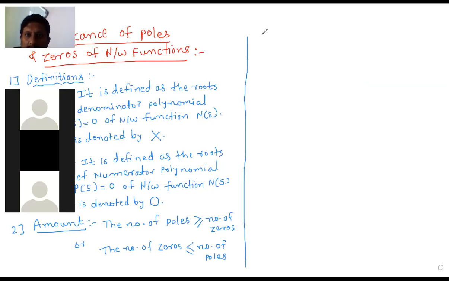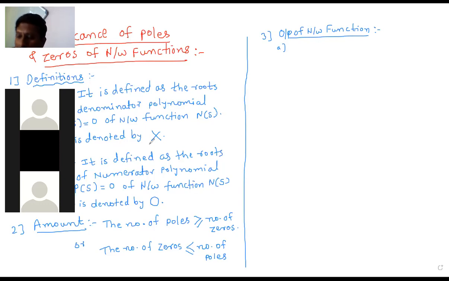Okay, so next, third one, that is the output of network function. So what is the output here? Output N of s.